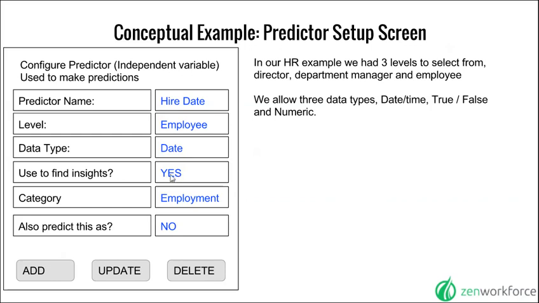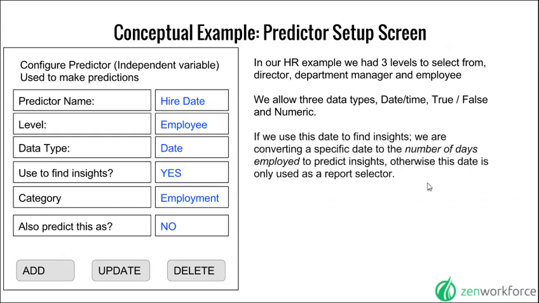So if you hit no, you would only be able to do that. If you hit yes, you'd be able to do that, and you'd be able to predict insights about the number of days that this person has been employed.